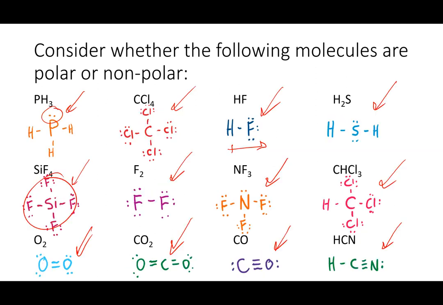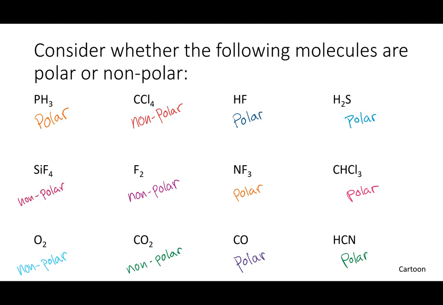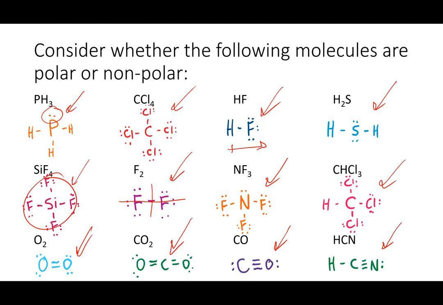F2 is nonpolar because it's linear and it's perfectly symmetrical, right? NF3 is polar for the same reason that PH3 is polar. So this lone pair up here makes it different. It's a trigonal pyramid, and as you'll see, all trigonal pyramid molecules are polar.